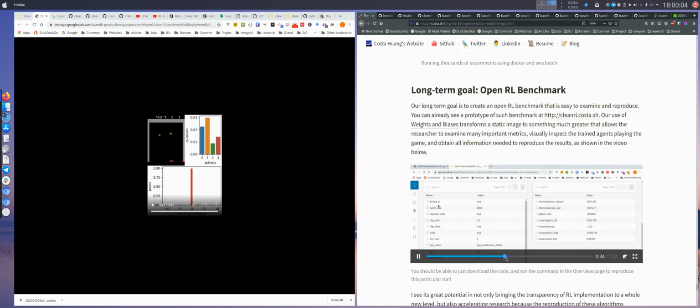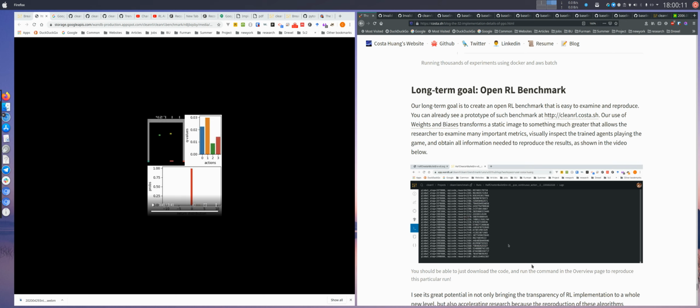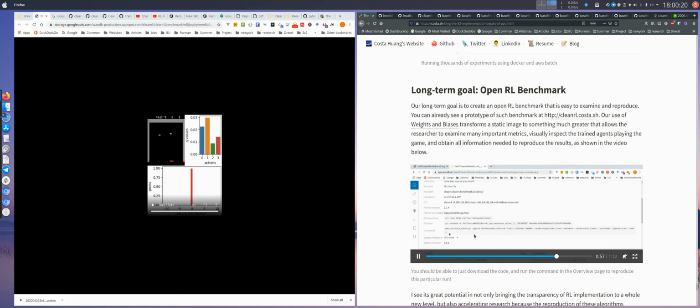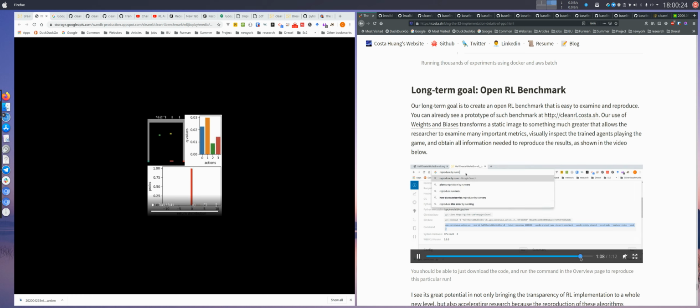You can check all of the hyperparameters, all of the metrics, all of the system metrics, including CPU utilization. You can check all of the files, including this requirements.txt. You can see the source code. And then you can see the commands that allow you to reproduce it exactly right over there.